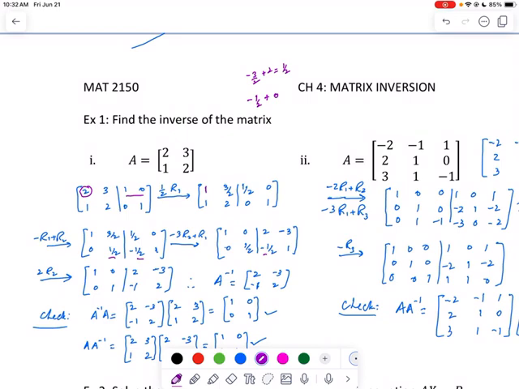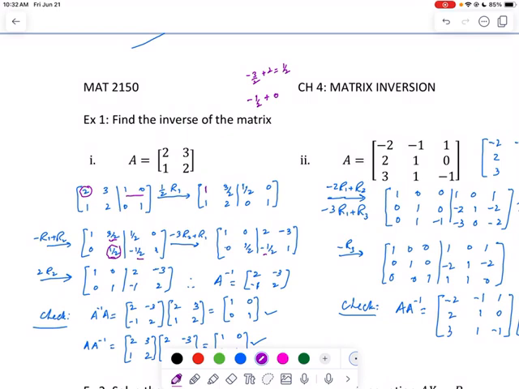Then in the next row I have to make this number a 0. So what do I do? I use this as my pivot. So multiply by -3.